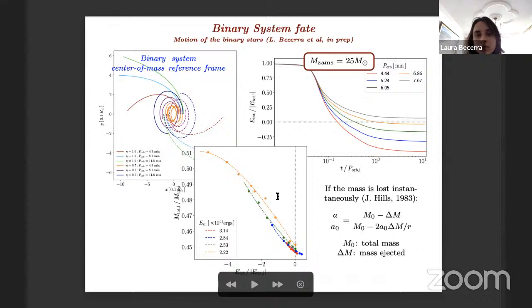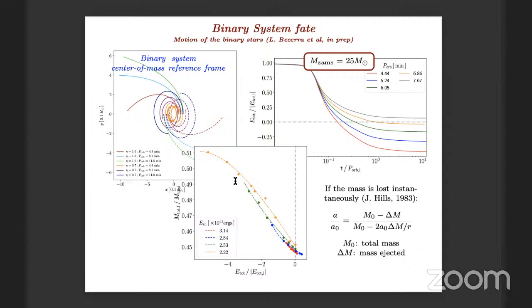And in all these cases, the system remains bound. This is because we are dealing with short binary periods, so the time scale of the orbital motion and the time scale of the supernova expansion are more or less of the same order.